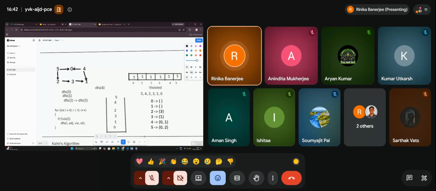So I am calling for 5. Now I'll at last reach such a node which has no further nodes to call. That means it's the last node. It has only incoming edges and no outgoing edges. From that node, I cannot go to any other node, right? So that means that particular node has no dependency. It can come at last.